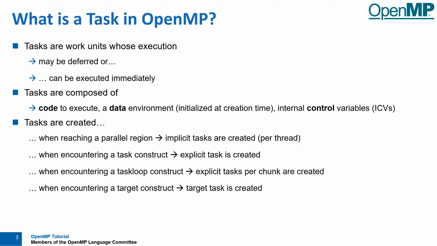Then, as a speciality of OpenMP, there are also internal control variables, which are part of the data environment and control more information about how OpenMP should behave. But when you generally think about task parallel execution, code plus data environment is what makes up a task. If you are a computer scientist, you may have the word closure ringing in the back of your head, which is basically the same concept of having code bound to a data environment for execution.